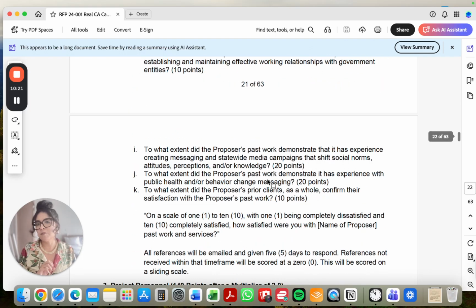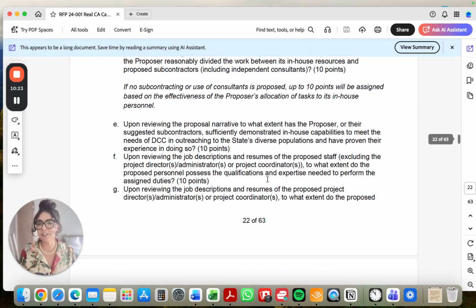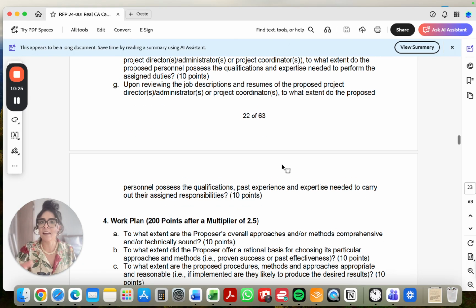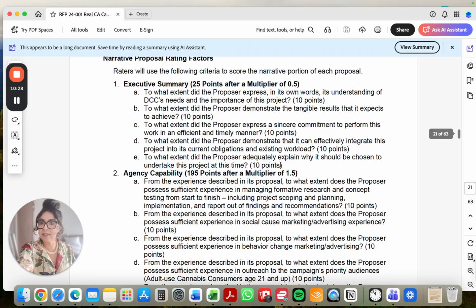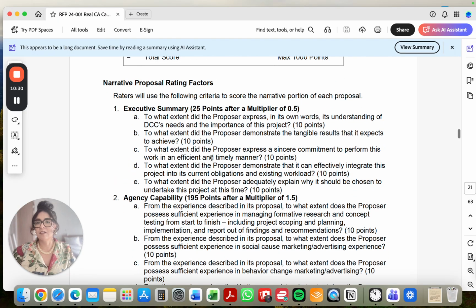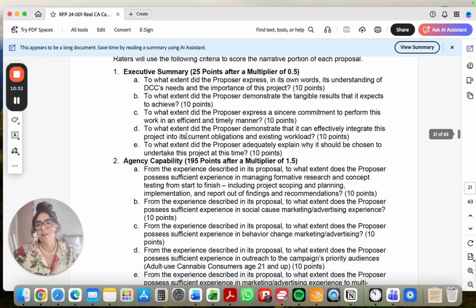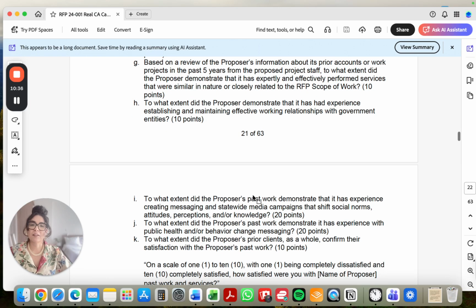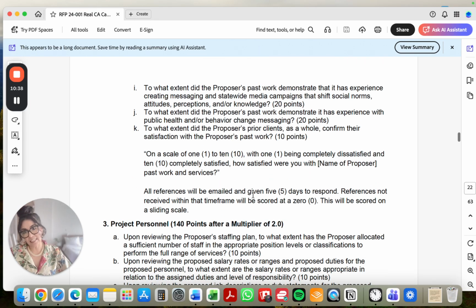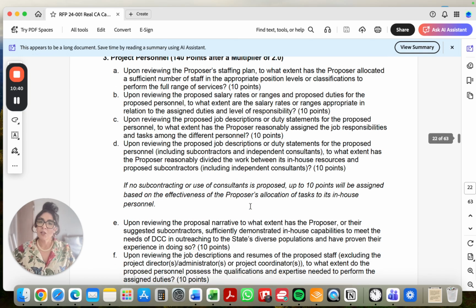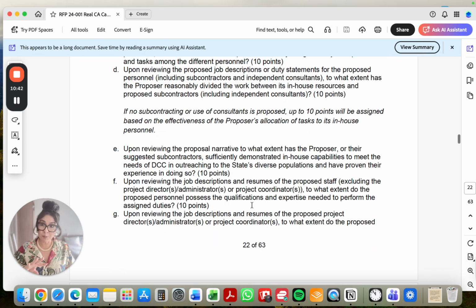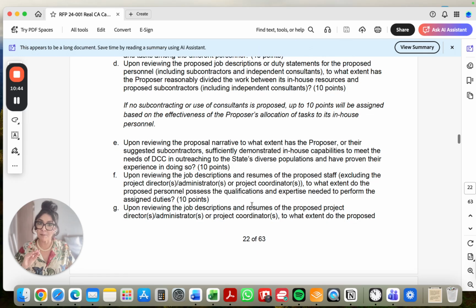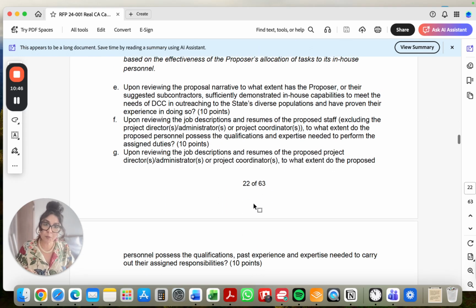So review all of the pages and see if there's any extra that is not included under this section, under the instructions to offers. And make sure it's included because they will be looking for it and evaluating it. Okay, so those are the four major parts to make sure that are included in your technical proposal.